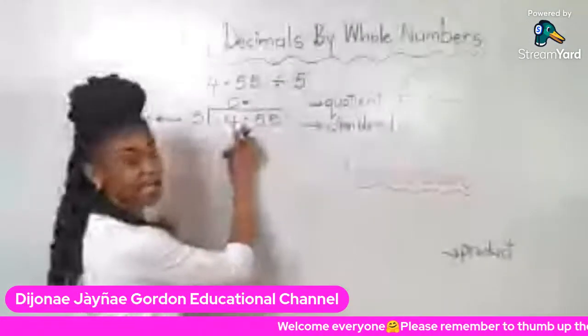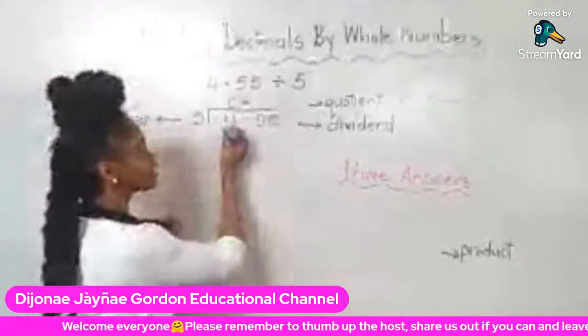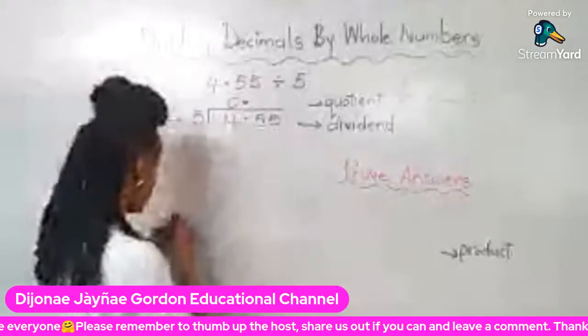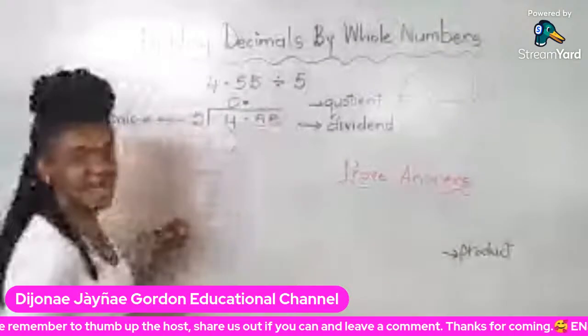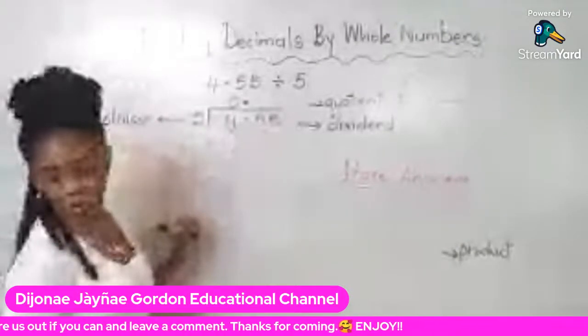We're going to put it right back. Then we're going to take these 2 digits and put them together, and now we're going to get 45.